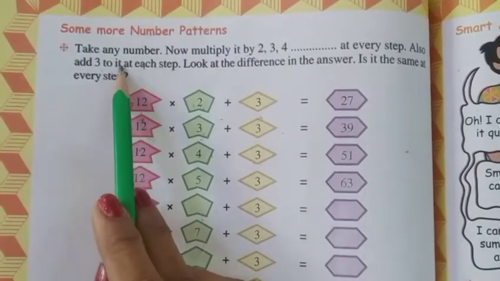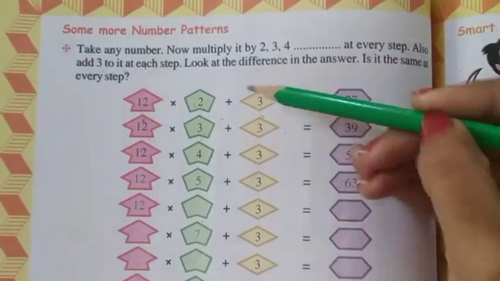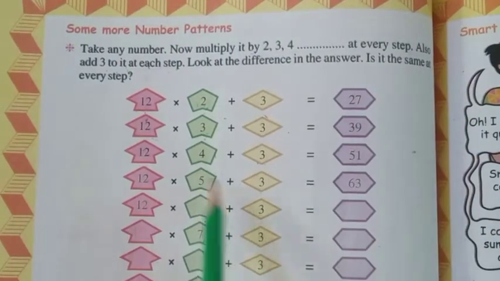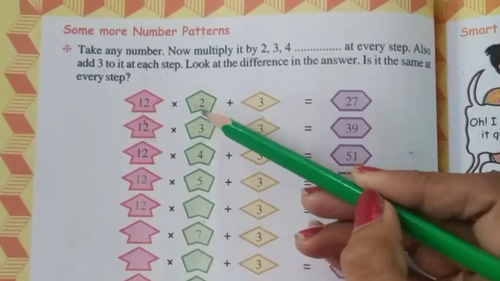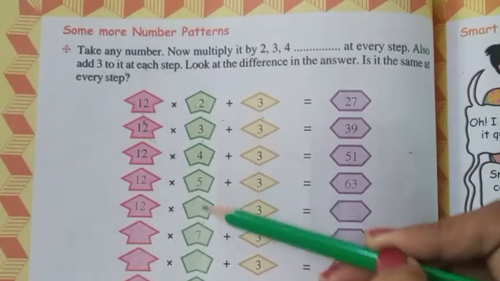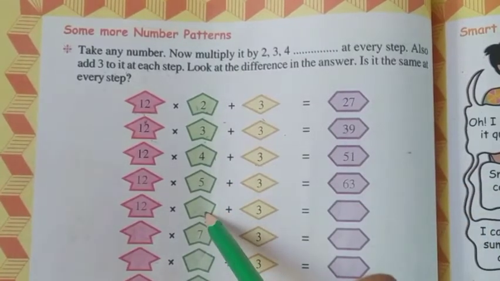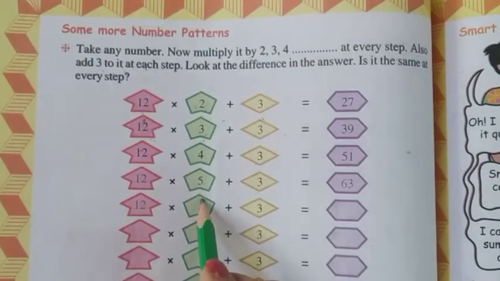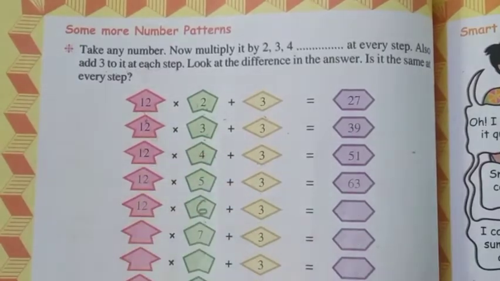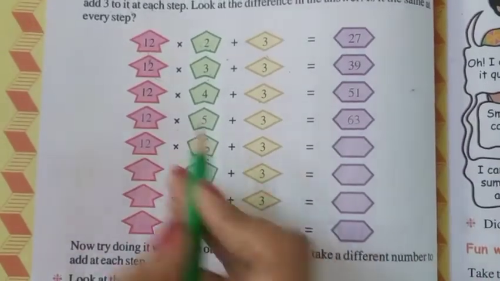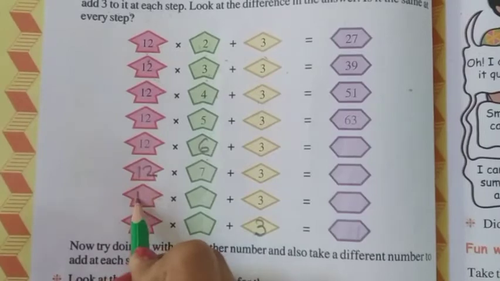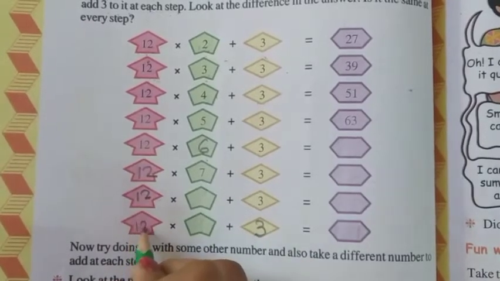Add 3 at each step. So and here multiply 2, 3, 4, 5. Then what will become here? 6. Let's write 6. And here the number will remain same. So here we will write 12, 12 and 12.